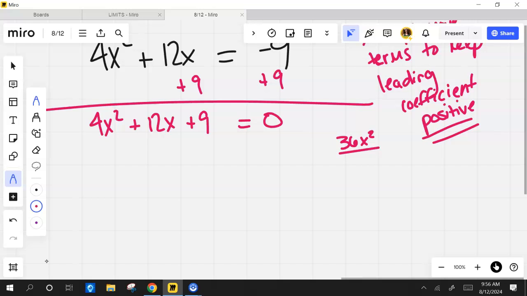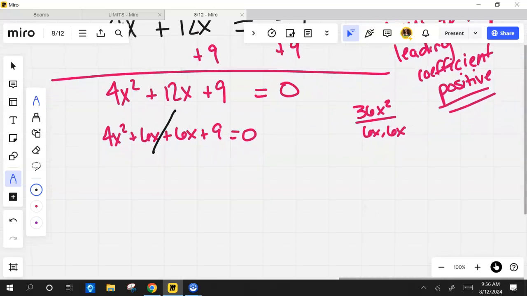Give me two factors that multiply to 36x squared but add to 12x. 6x and 6x. Everybody okay there? Yep.